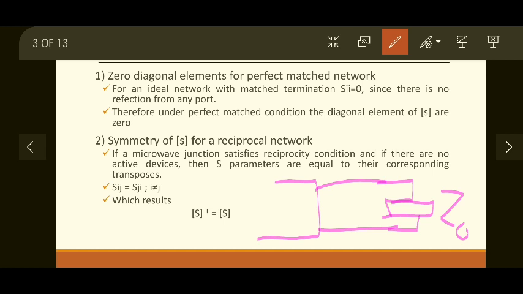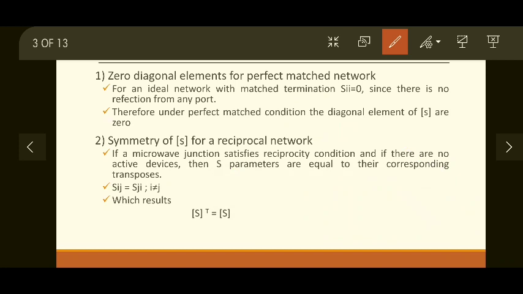Because of this, maximum power will get transferred to the load impedance, and therefore there is zero reflection within the network. And therefore the diagonal elements, that is S11, S22, will be 0. So for a perfectly matched network, diagonal elements are 0.